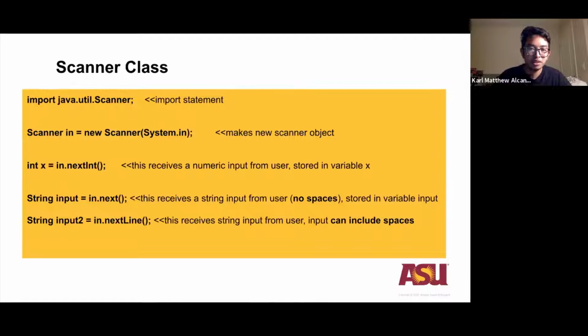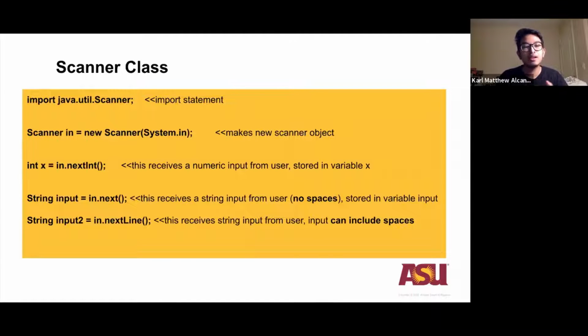Once you import the scanner class, you can create a new scanner object. As you can see here, Scanner in equals new Scanner(System.in). What this essentially does is create a new scanner object so that user input can be entered into the program.